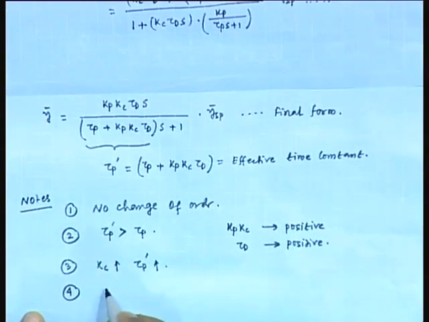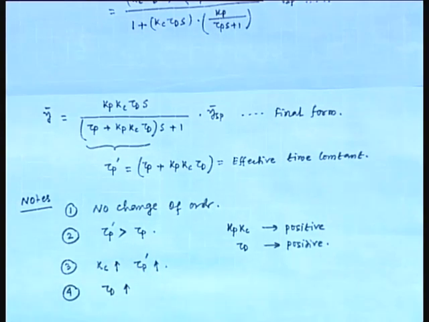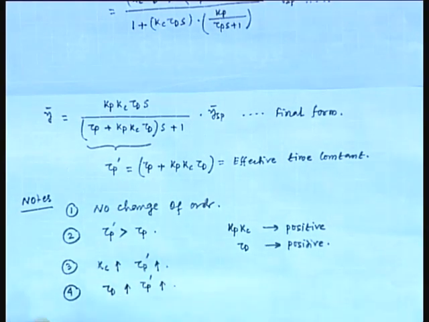Similarly, what happens for tau d? If tau d increases, the effective time constant increases. So, in the derivative action, there are two tuning parameters involved. One is Kc, another one is tau d.